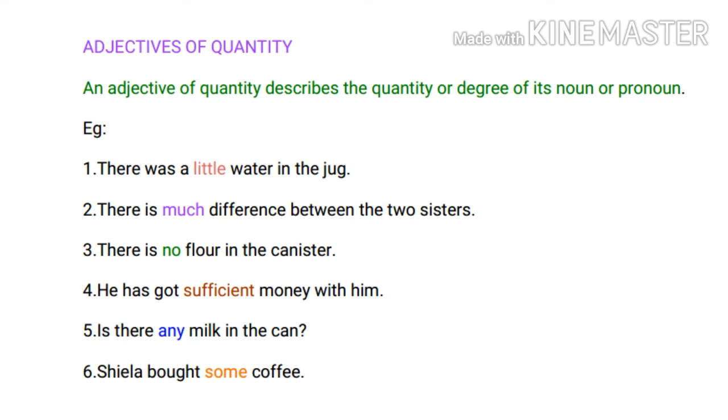Here, sufficient denotes the amount of money. Is there any milk in the can? Any refers to quantity here. Sheila bought some coffee. Some here refers to the quantity of coffee that Sheila bought. Hope you have understood this point.